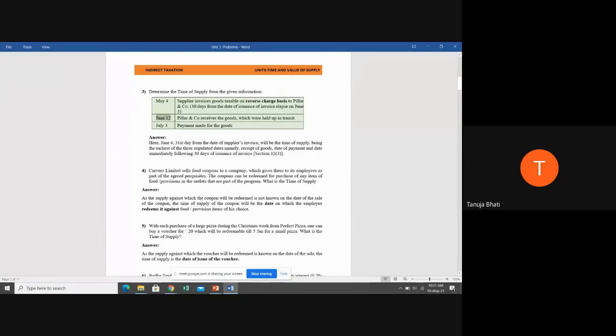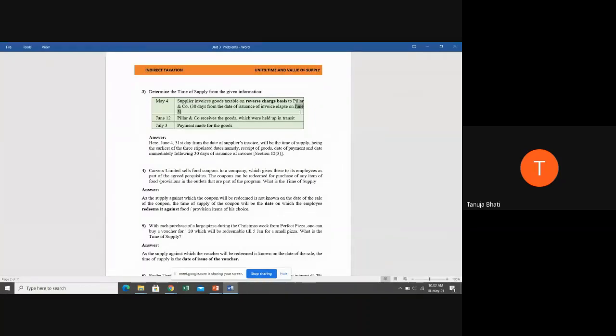The date on which the payment has been made, that is July 3, or the date immediately following 30 days from the date of issue of invoice. The invoice has been issued on May 4, and 30 days from the date of issuance of invoice lapses on June 3. Therefore, the 31st day will be June 4. So you have to compare June 4, June 12, and July 3.